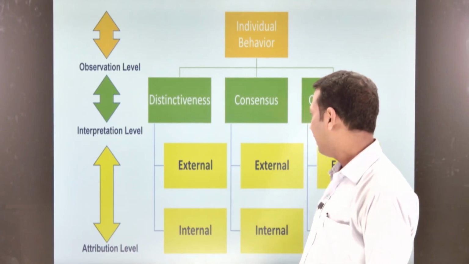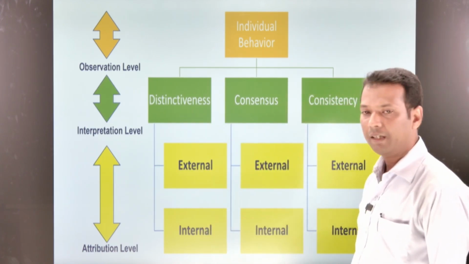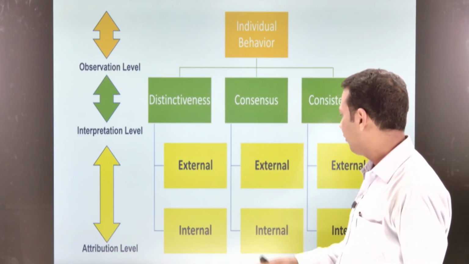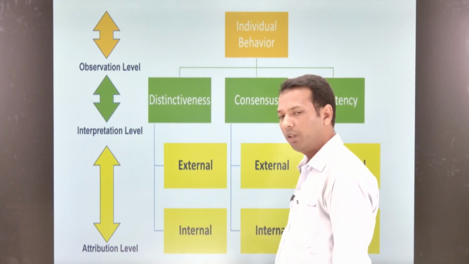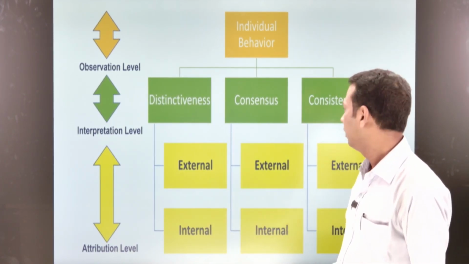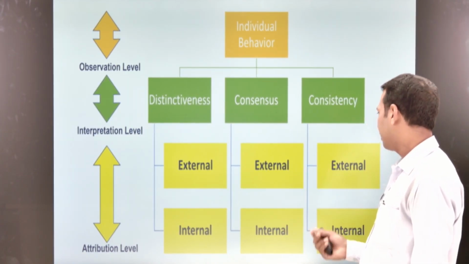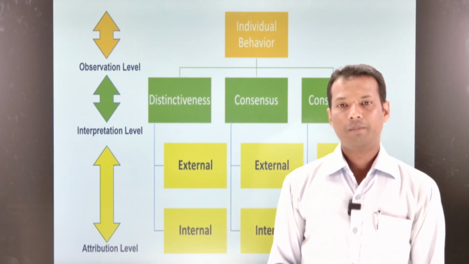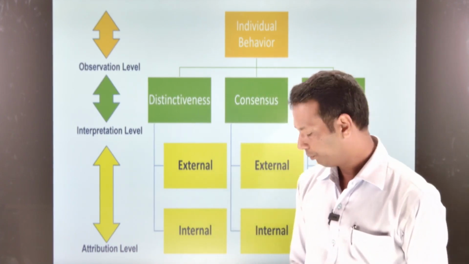And from the interpretation level to the attribution level, those are affected through external factors or internal factors. Similarly, distinctiveness is also affected by external and internal factors. Consensus is also affected by external or internal, and subsequently consistency is also affected by external or internal factors.